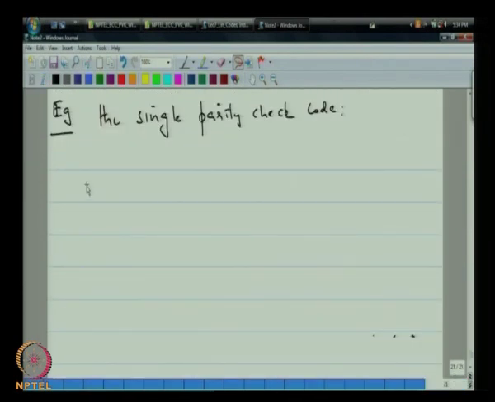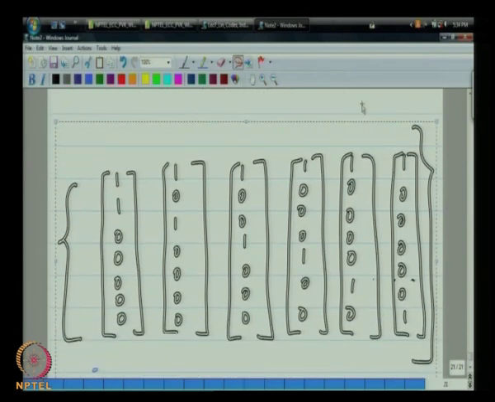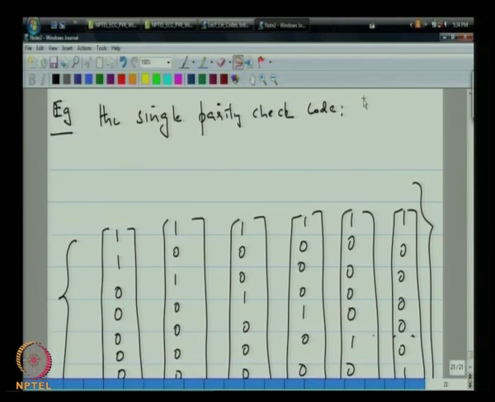Here we have these 6 vectors. This is a basis for the single parity check code. Why is that?